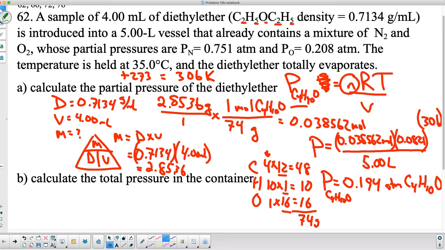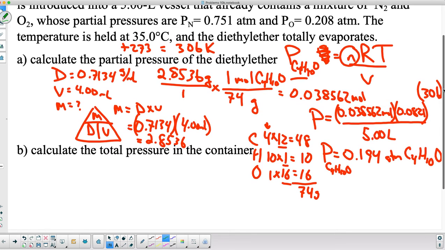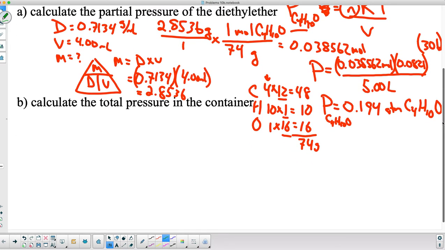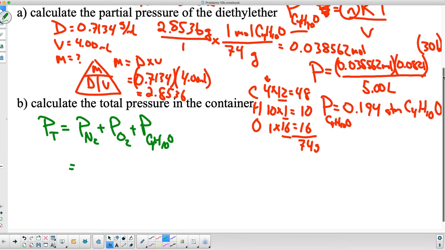Okay, now I'm going to do this next part here. It couldn't be easier in the fact that Dalton's law of partial pressure is very simply the total pressure equals the pressure of the gas of N2, the pressure of the gas of O2, plus the pressure of the gas of C4H10O, like that. So I just simply add them all together. So what are all the pressures here? Let me see what they are.